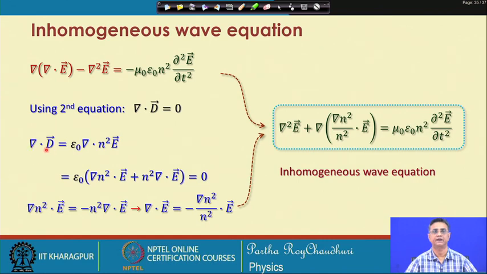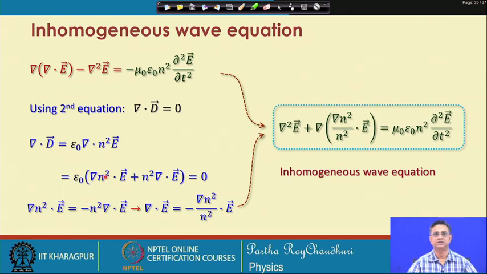So, you can write that del dot D equal to epsilon del dot n square E. n depends on x, y, and therefore, using the identity, you can write epsilon times del n square dot E plus n square del dot E. But this del dot D equal to 0, so this expression equals 0.